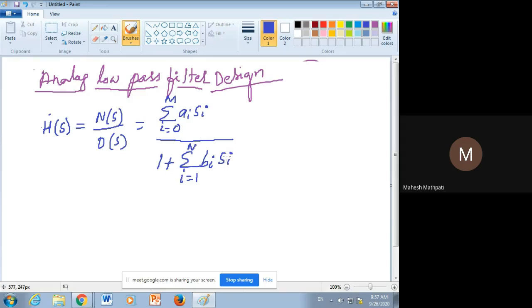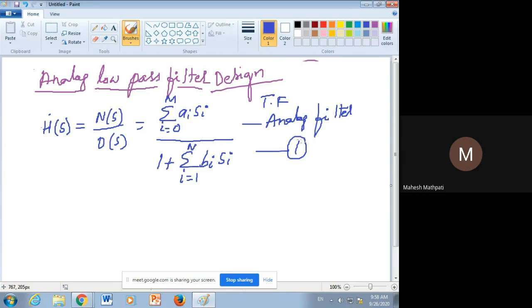So this is the general transfer function for an analog filter. We can write the transfer function for an analog filter. Let us call it equation 1.